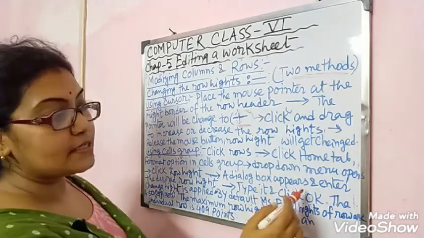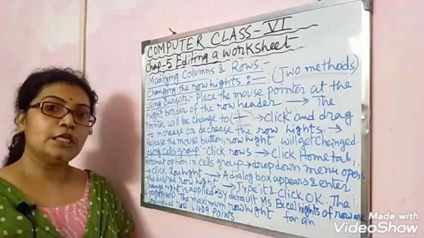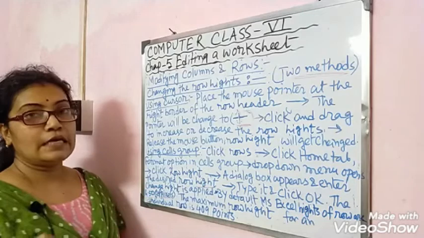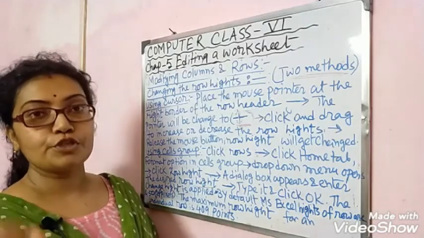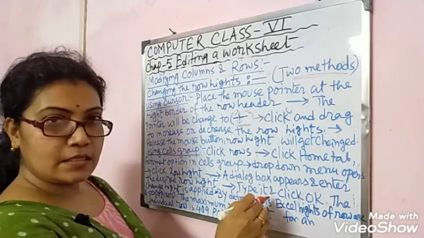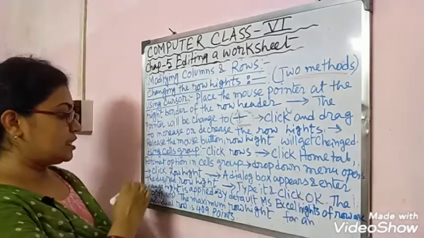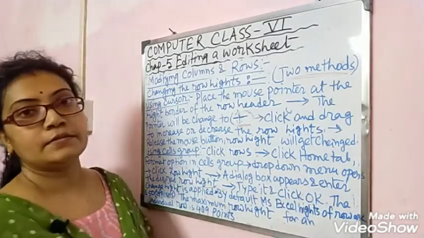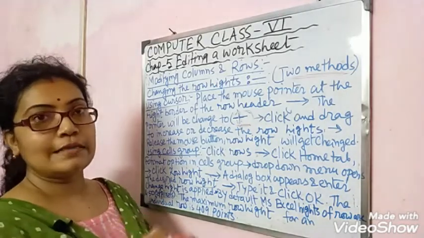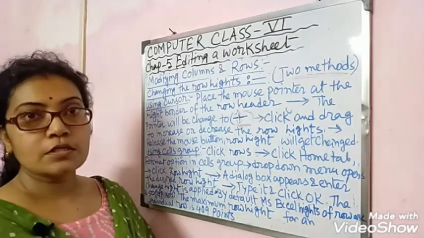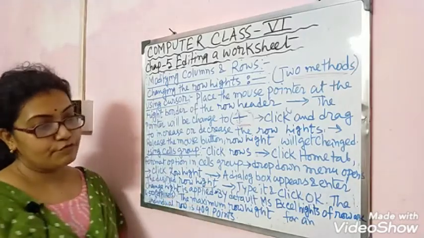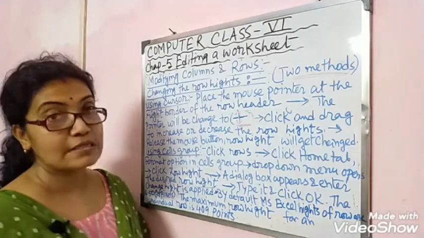A dialog box appears on your desktop, and you have to put your desired row height in that dialog box. Type it and click OK. The changed height is applied. When you click OK, you will see the desired height of the row or rows change.